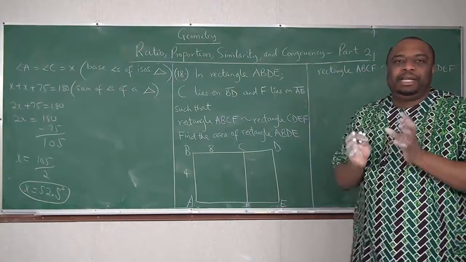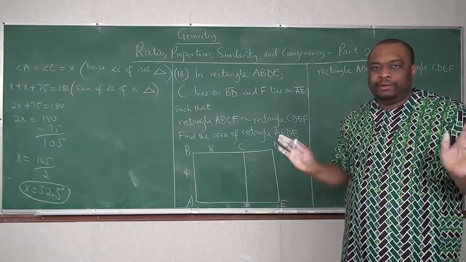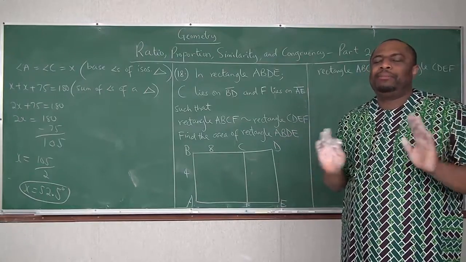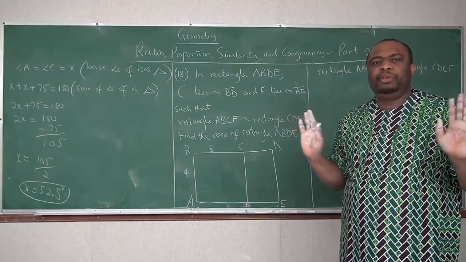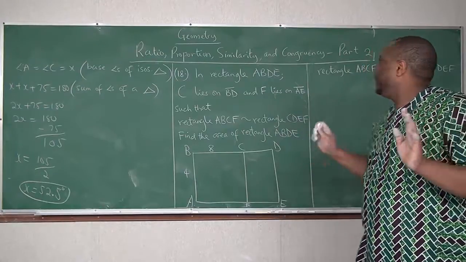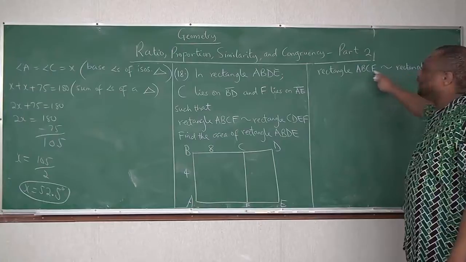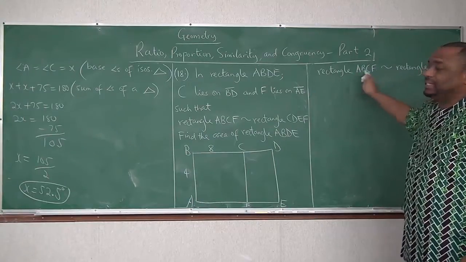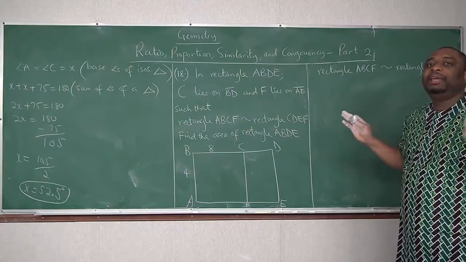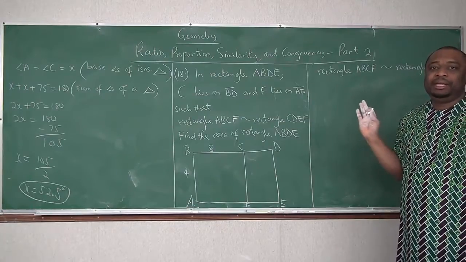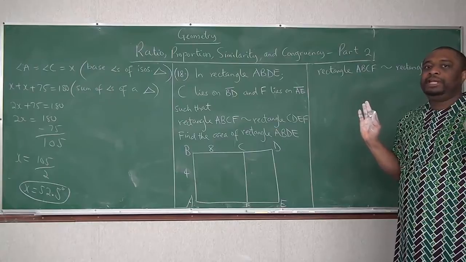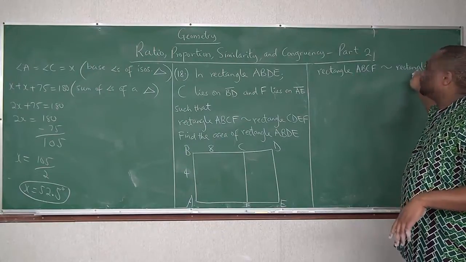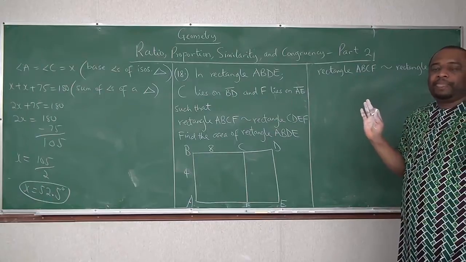Now let me say this, please listen. Even if they did not give you the diagram, no problem. If they give you this, this is the main thing. Even if you did not see the diagram, but they told you that this is congruent to this, fine.